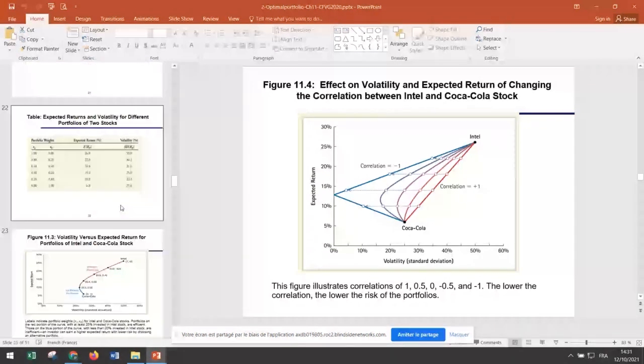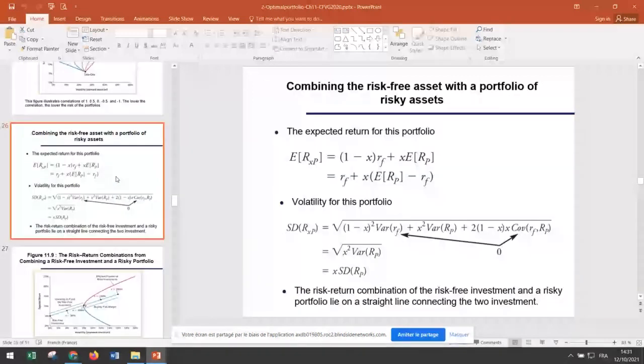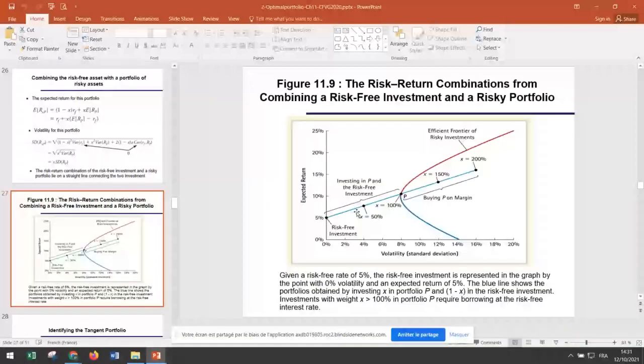the efficient portfolios. Now the next is how we're going to make the combination of the risk-free asset with the portfolio of risky assets. This way of combining allows you to make the investment easier, to find the best combination that maximizes return at a given risk level.